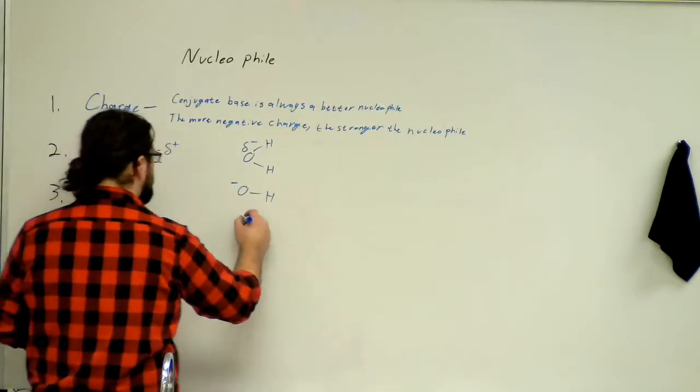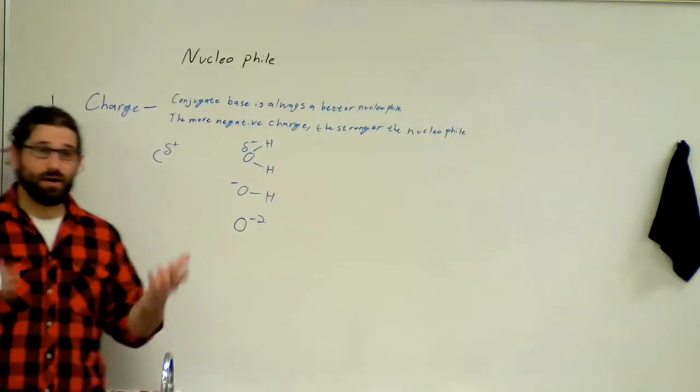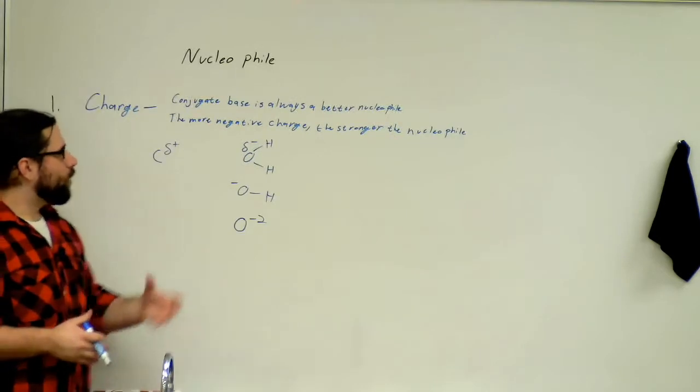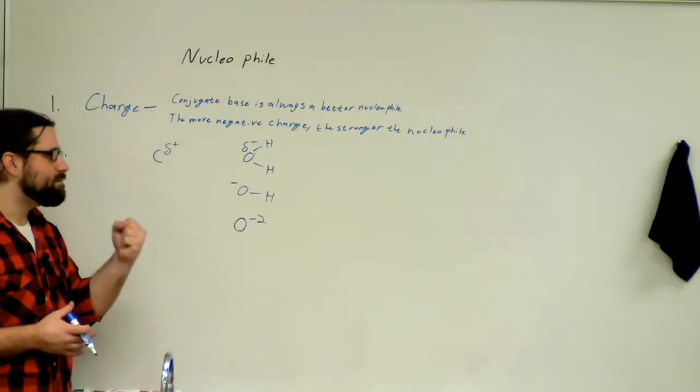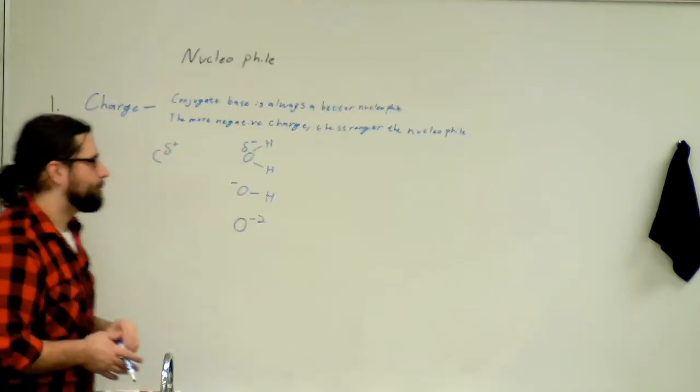Or better yet, the -2 anion of pure oxygen. That's going to be way more attracted to that. So we can see that that charge is going to pull that nucleophile in more. There's going to be a greater force there. So charge is our first thing.